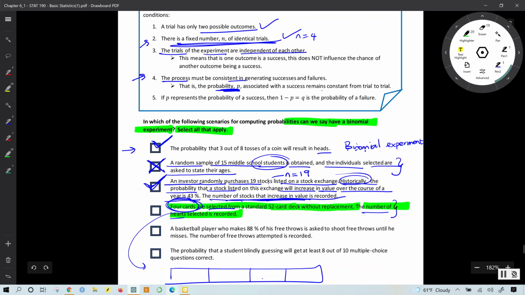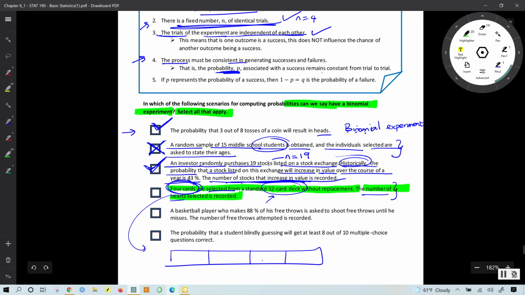Now, we want to check, are the trials independent of each other? If I pick the first card out of 52, what I get when I pick the second card, does it depend on what I got on the first card? Not necessarily. For now, let's say for the most part it is not, so the trials are independent.